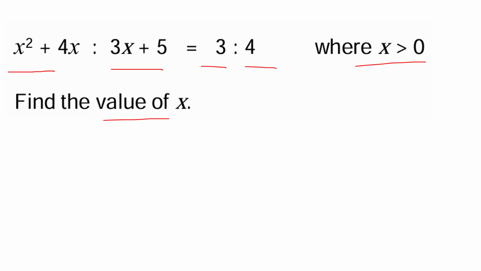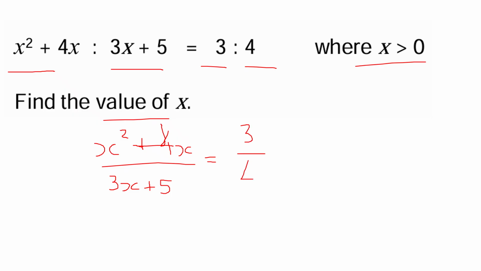If I've got two ratios that are equal to each other, I can say that the first part of the ratio, x squared plus 4x, divided by 3x plus 5, has to equal 3 divided by 4. That is just a fact that you know.